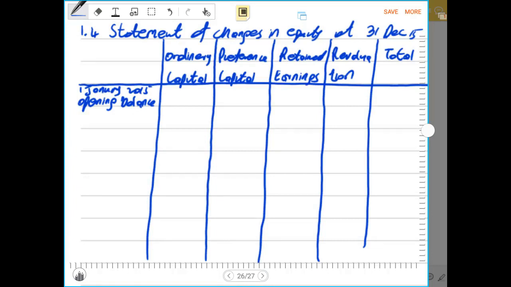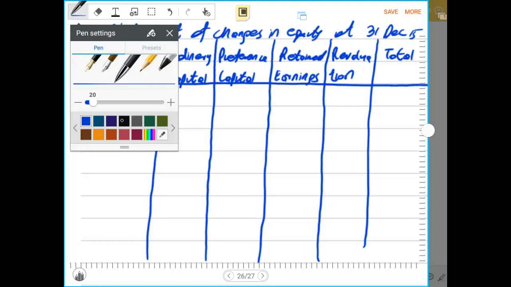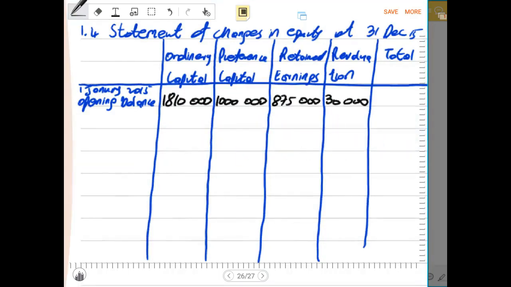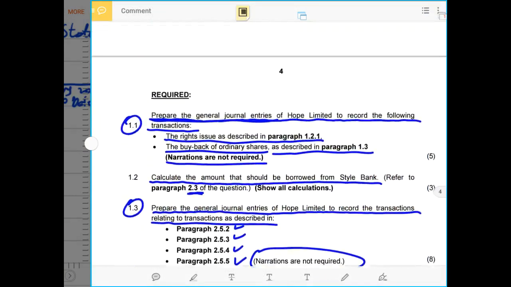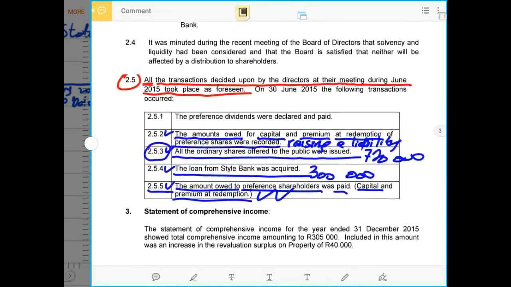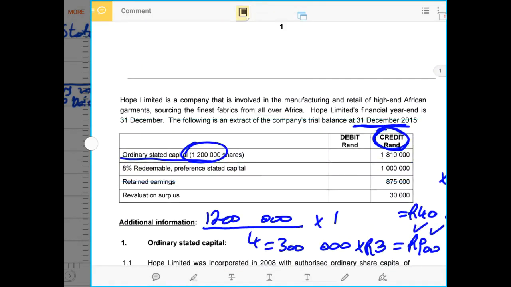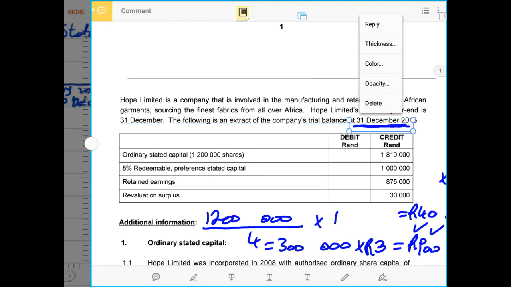So now with regard to the ordinary capital, we had an opening balance, and that opening balance was 1,810,000. Preference capital that was in the trial balance was 1 million. Retained earnings was 875,000. Revaluation is 30,000. Now let us check these amounts from the extract of the trial balance.